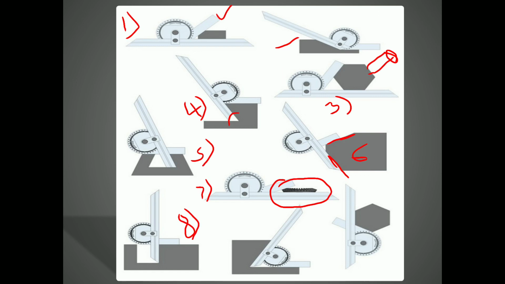This is the eighth example, and also the different method to carry out the angle measurement of hexagonal surfaces, pentagonal surfaces. You can see over here. This is the ninth example, and finally this is the 10th example that gives you the angle included by two faces using the vernier bevel protractor.